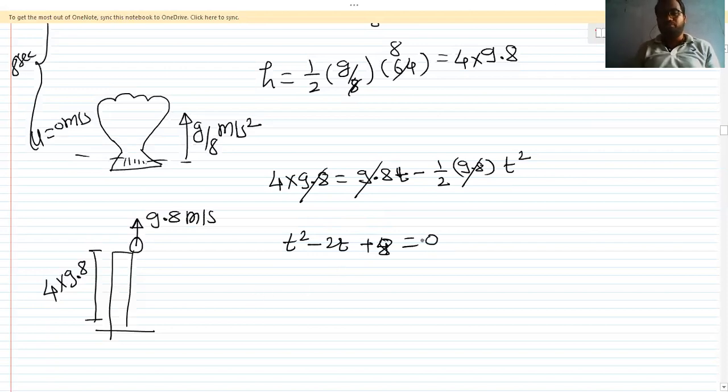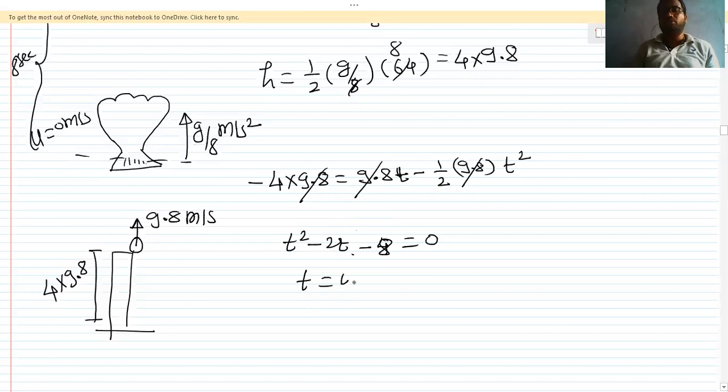So if you see, then what is the minus? This is the minus which we have. So this must be minus then. Yes. So this must be minus. Why minus? Because downward direction. So minus 4 plus 2 are the roots.